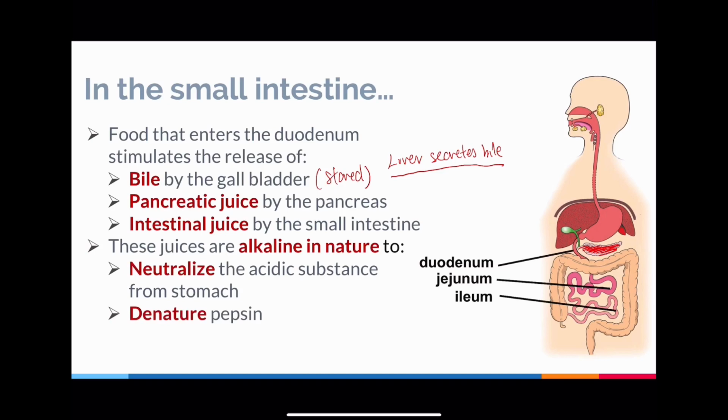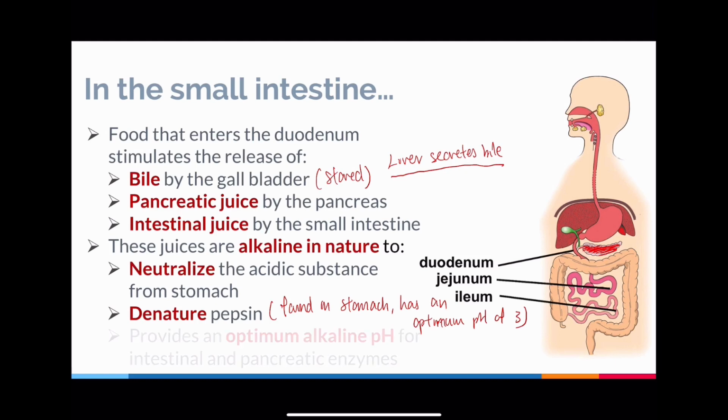Second, it denatures pepsin. If you recall, pepsin is found in the stomach. This is the enzyme used in the stomach to digest protein, and it has an optimum pH of about 3. So when you move it into an alkaline condition like this in the small intestine, these enzymes will get denatured.